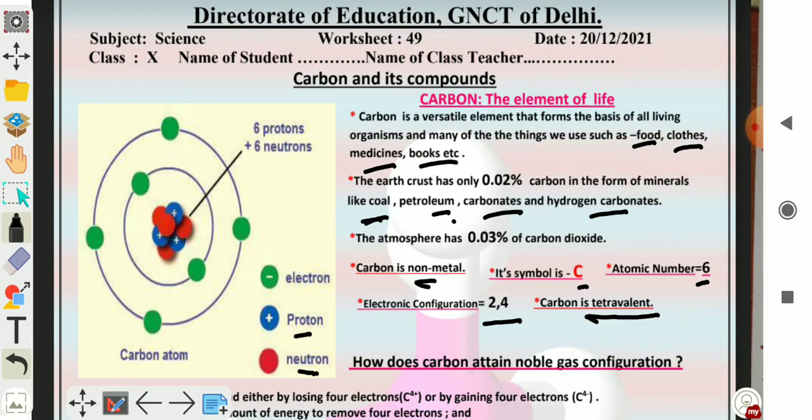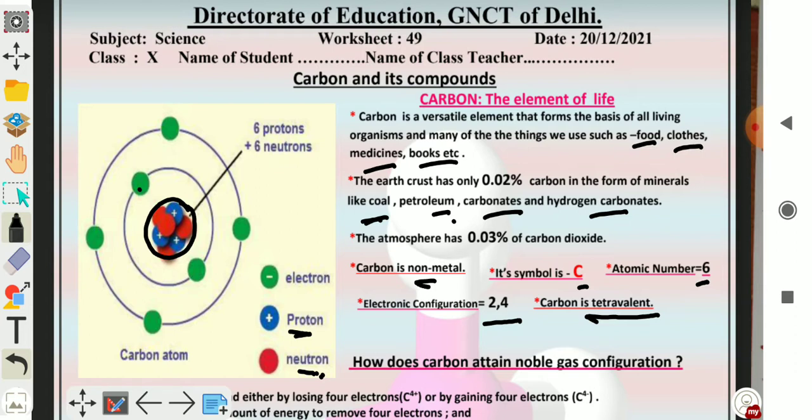It's neutral. 6 protons and neutrons are present in the center of the atom, which is called the nucleus. Protons and neutrons are present in the nucleus while electrons revolve round the nucleus in the shells or orbits. The first orbit contains 2 electrons while the second or outermost orbit of carbon contains 4 electrons.